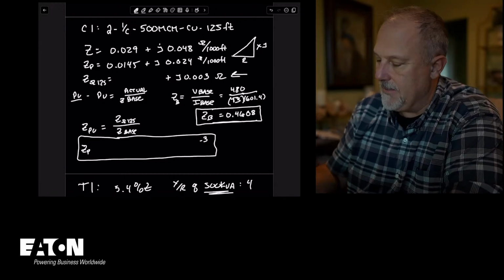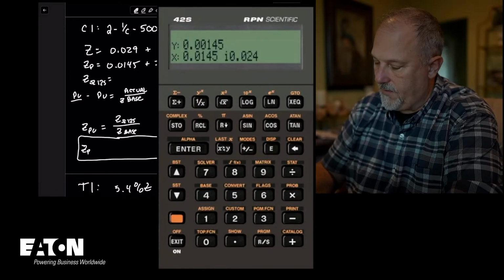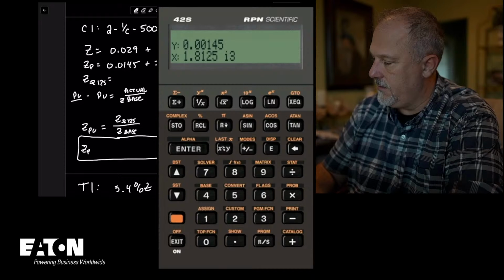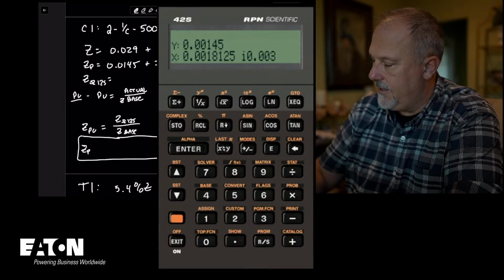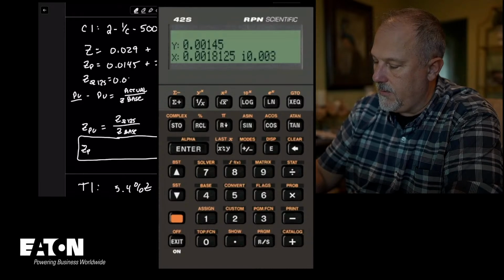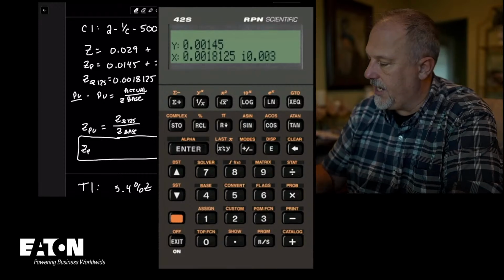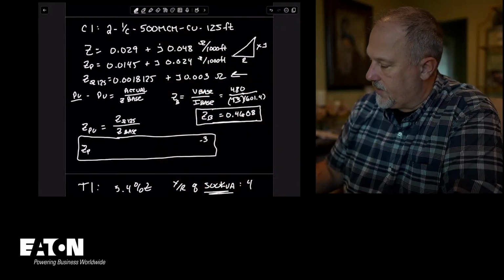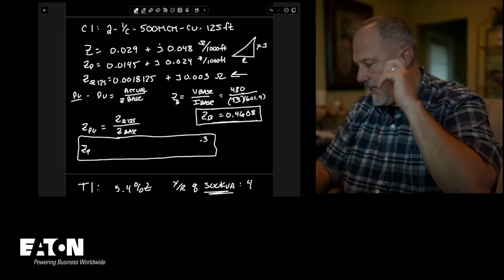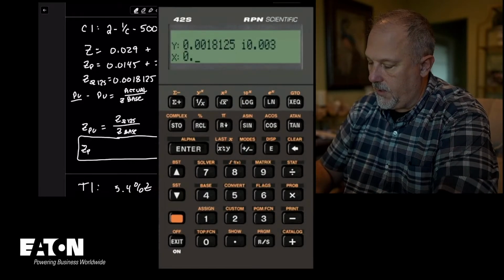Man, oh man. And then when I multiply that by 125 times 123 divide, this is 0.0018125 plus j 0.003. So there's where I screwed that one up, and then I divide that by 0.4608.